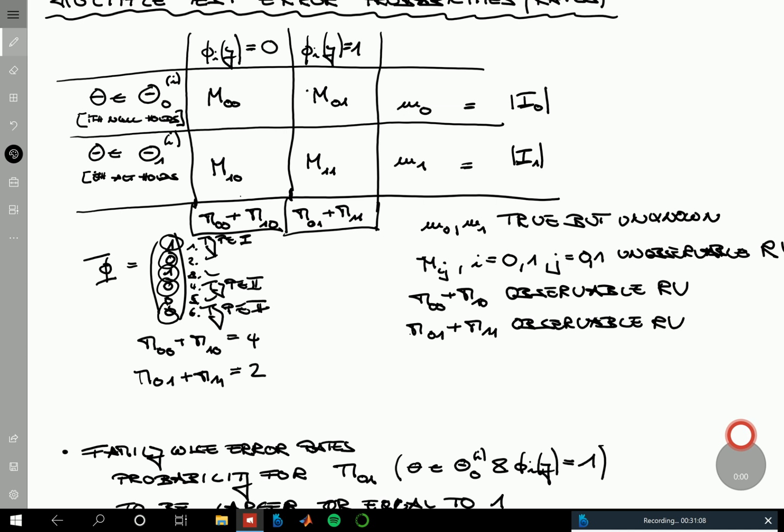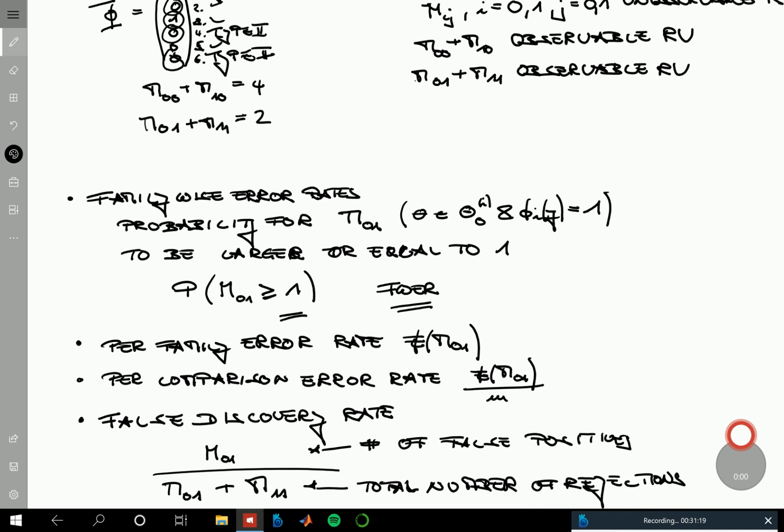So if you hear people talking about power in the multiple testing scenario, you should really ask them what they mean by power, because like there are different types of type 1 error rates, there are different types of power. If you want to evaluate or maximize power in a study, you really need to be clear about which type of power you want to maximize. If you want to know more about it, read our paper on fMRI power. But we will not go into this here.